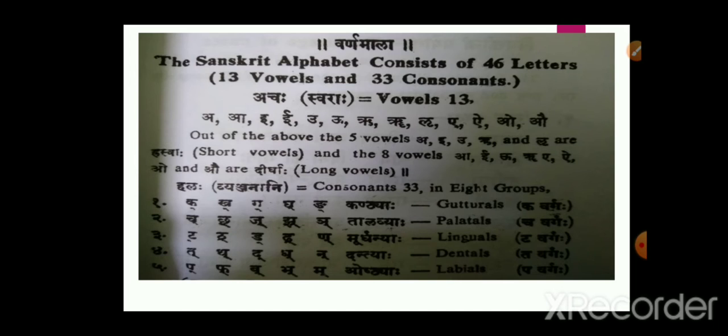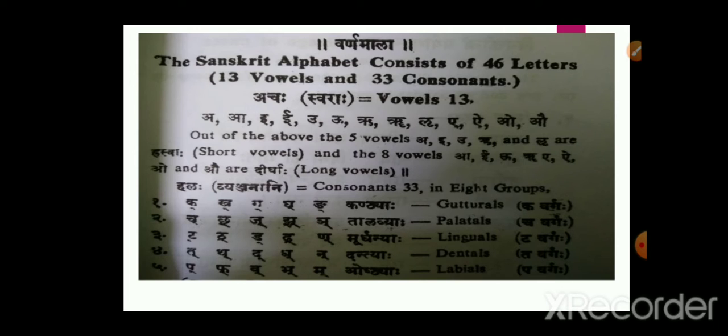Among these 13 vowels, we have short vowels and long vowels. Short vowels are called hrasvaha and long vowels are called dirghaha. So we have 13 vowels, with 4 short vowels and 8 long vowels.